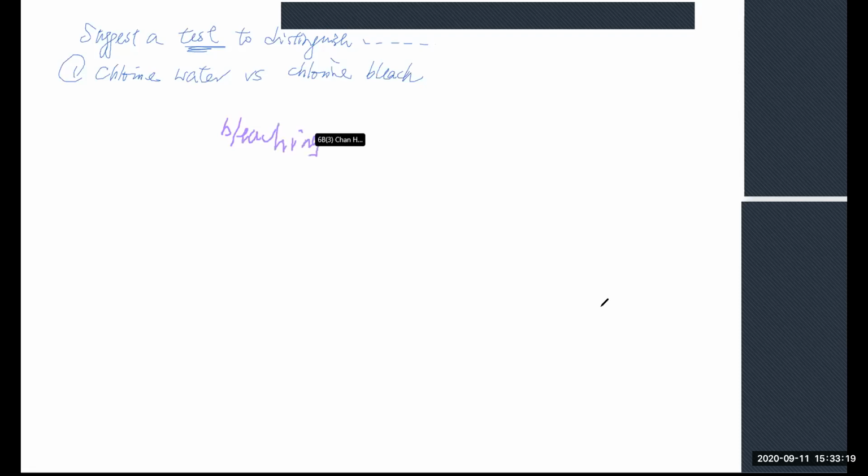What will be expected? What is observed? The colorless solution turns yellowish green, due to the presence of hypochlorite ion in chlorine bleach, while there is no observable change for chlorine water.